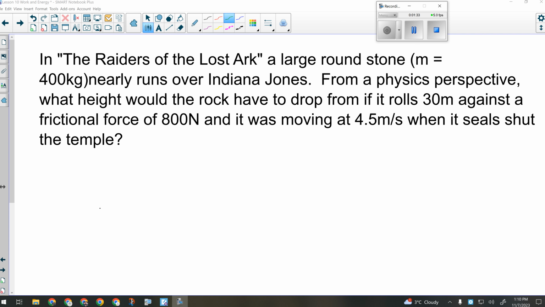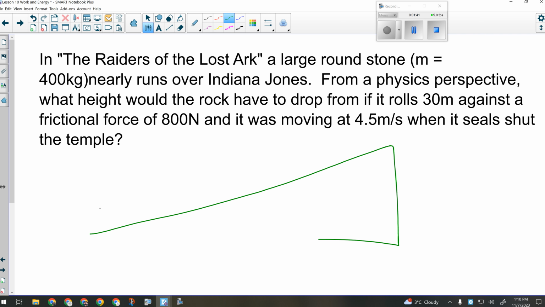So essentially, we've got the same question we had for all the other ones we did. It's essentially an inclined plane. Okay? We've got the rock starting at the top of this tunnel, where its initial velocity is what? 0, right? Starting from rest.